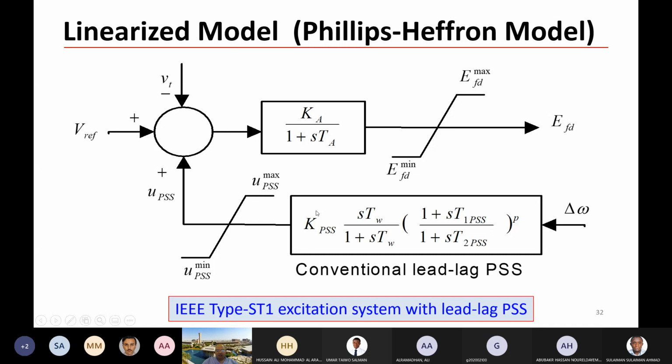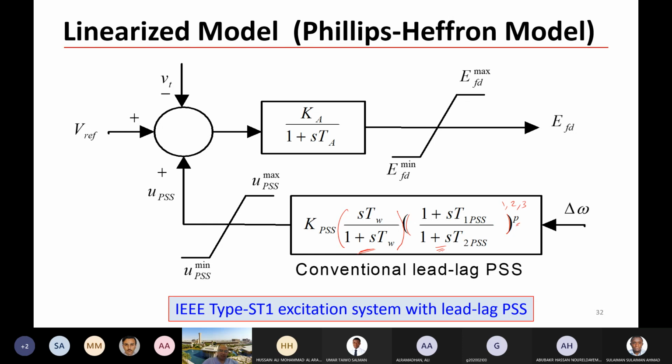You have gain, and you have this block, and you have this block. This block we will see the function later on, and this is the lead lag. You can have 2 stage, or 1 stage or 3 stage of this lead lag block here.